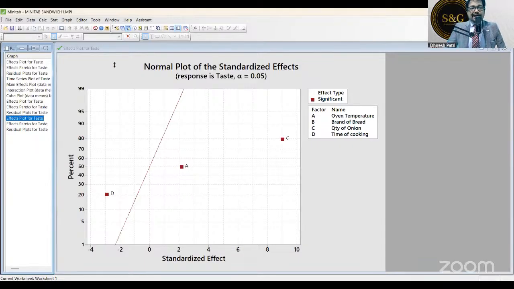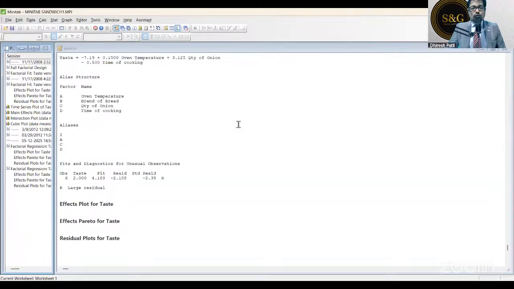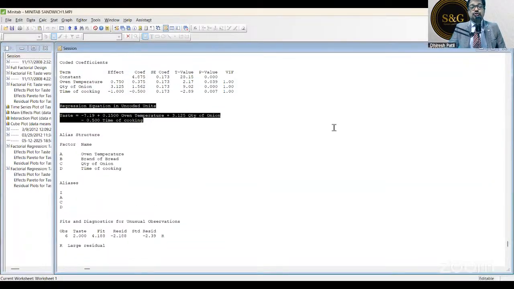If you go to the sessions window and just scroll it up, now the regression equation has been reduced down to only three factors. Test is equal to minus 7.19. This is the point of intercept, right?